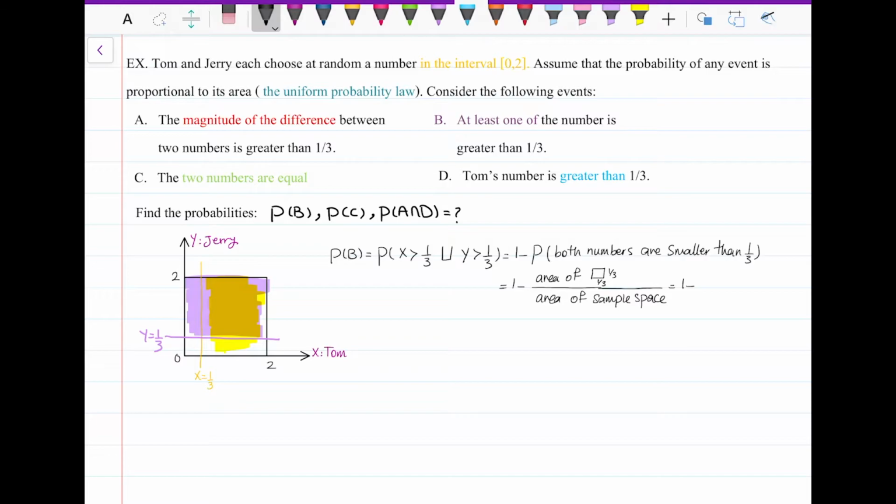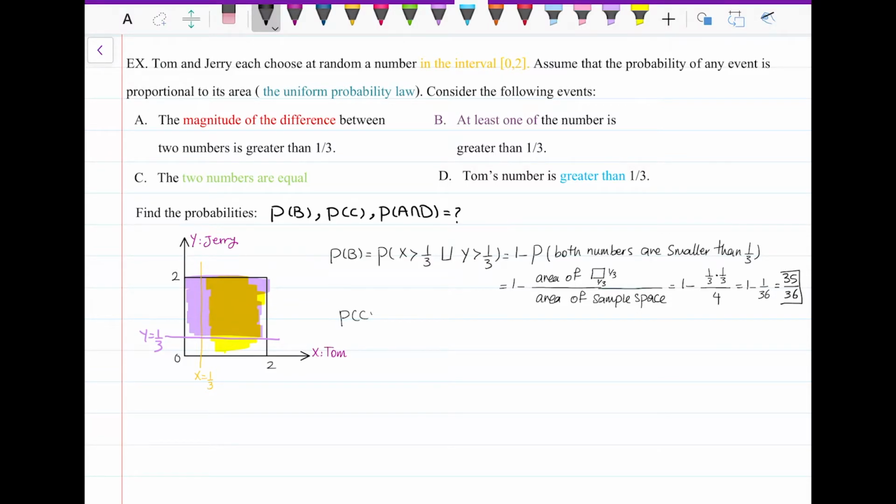So this would be 1 minus 1/3 times 1/3 over the area of the whole sample space, which is 4. So it is 1 minus 1 over 36, which is 35 over 36. That's the probability of B.